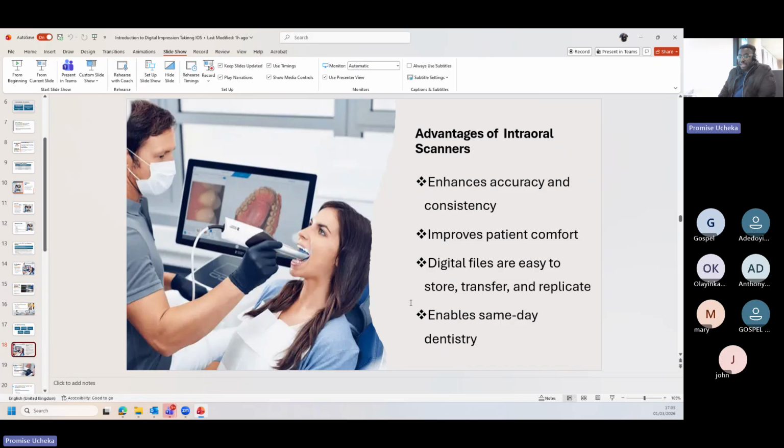Again, with everything you might want to think about, there are advantages and disadvantages. With intraoral scanning, sadly, there are a few disadvantages, but there are also a lot of advantages. We said that some of the advantages of having this in your clinic include enhanced accuracy and consistency. If you want to be an accurate professional and be consistent in that level of accuracy, you perhaps need an intraoral scanner, which will help you maintain that level of practice.